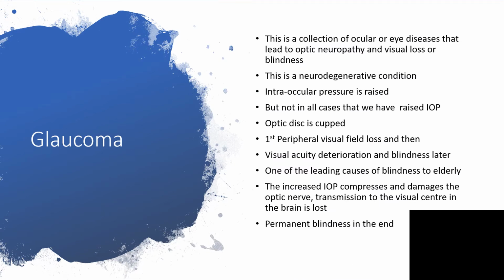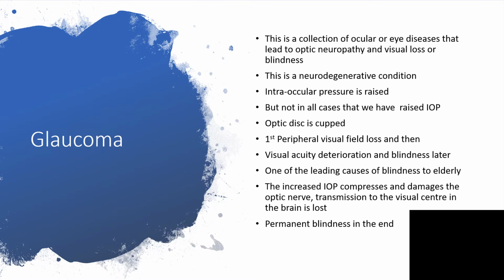Glaucoma is a collection of ocular or eye diseases that can lead to optic neuropathy and visual loss or blindness. Expectedly, it should be a neurodegenerative condition, and that will let you think that it is found only in the elderly.